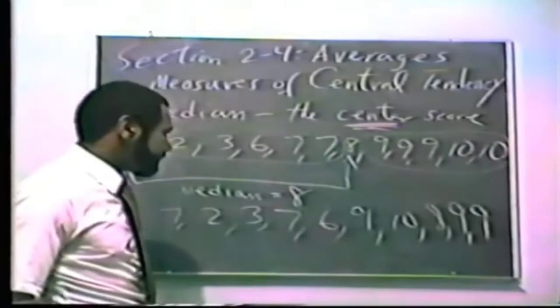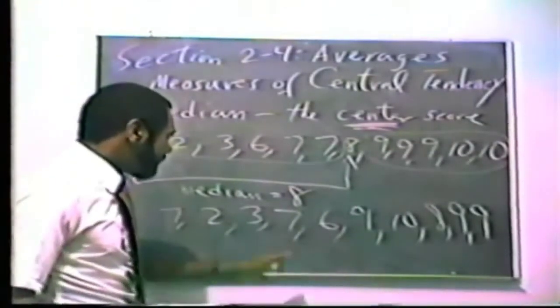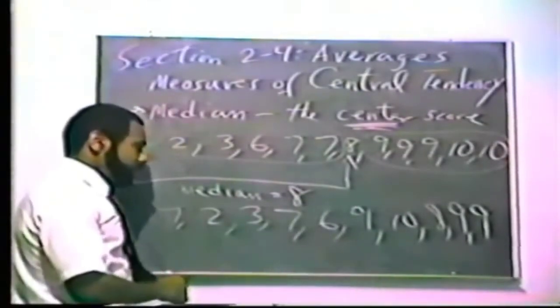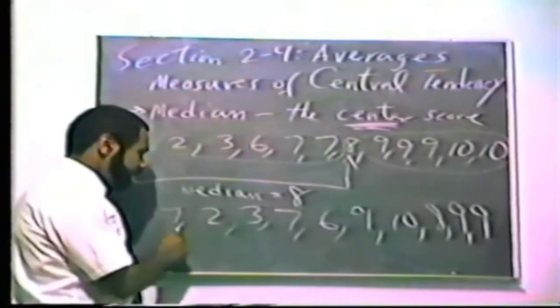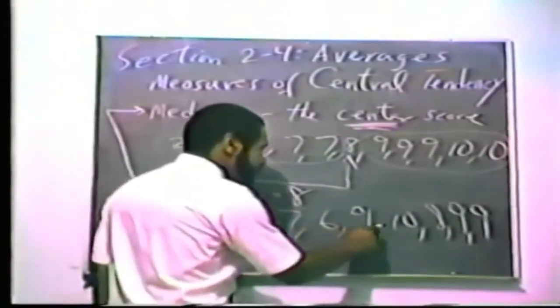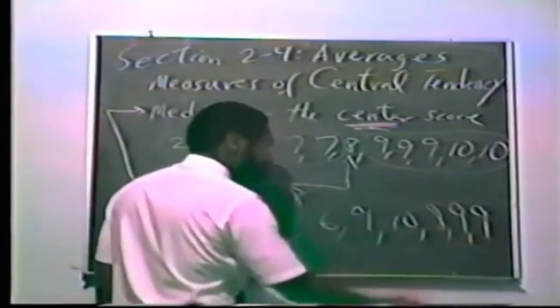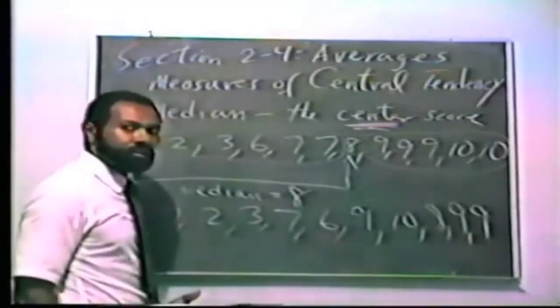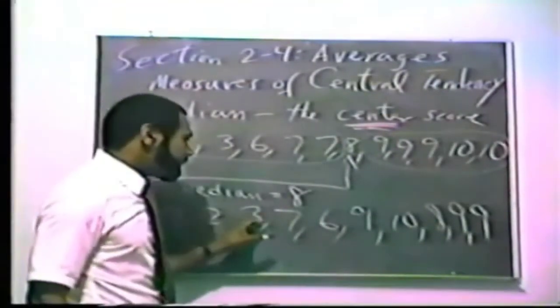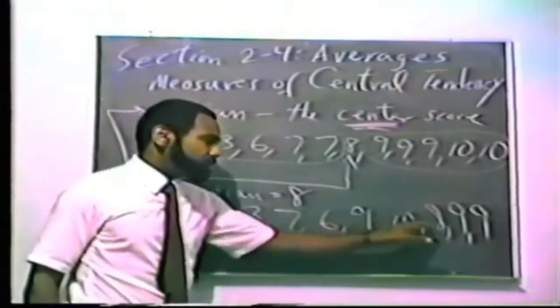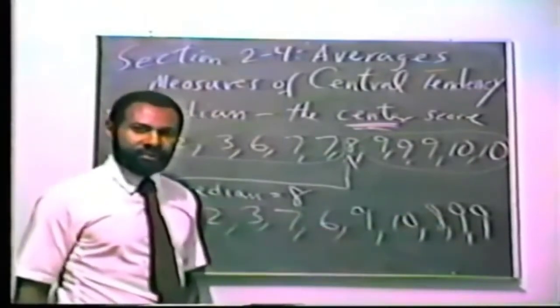If we look at the number of numbers that we have, 1, 2, 3, 4, 5, 6, 7, 8, 9, 10, we have 10 numbers. If you have an even number of scores, you won't have a number in the center.